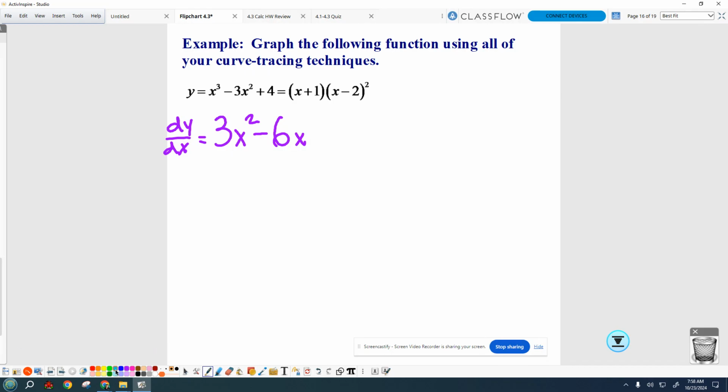And Evan, can you do our second derivative? Okay, Christy, can you come up and find critical points?